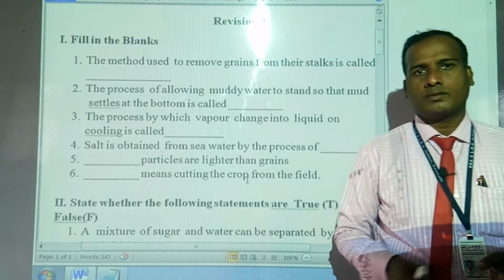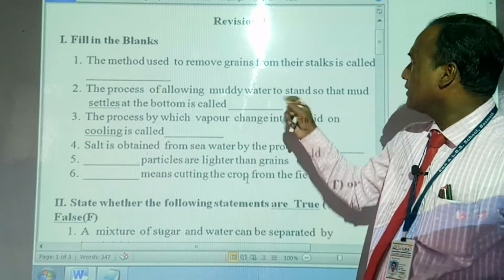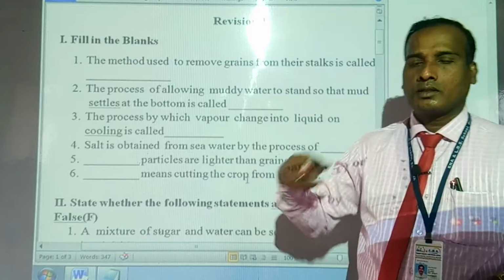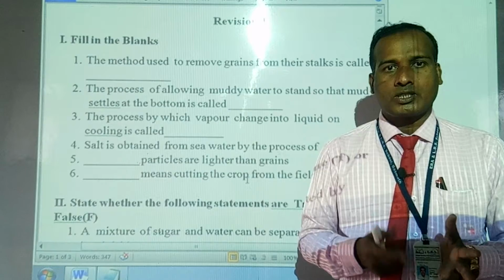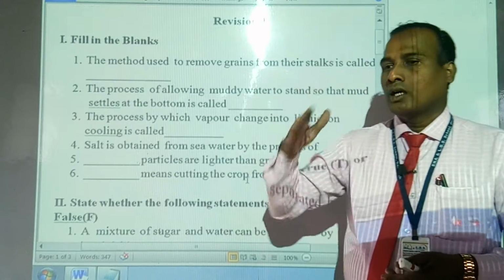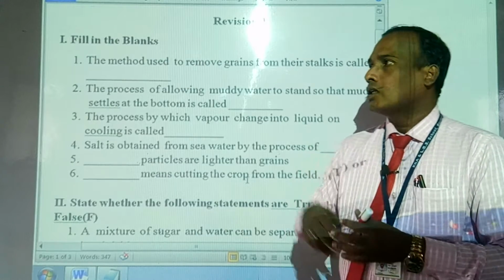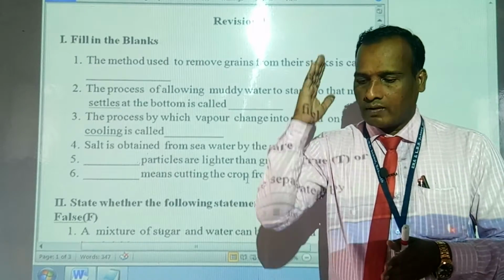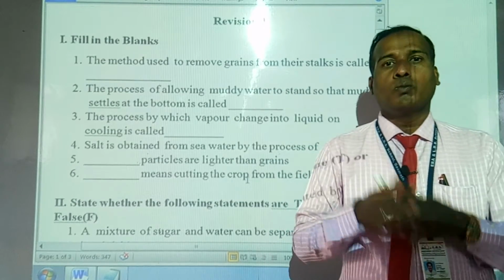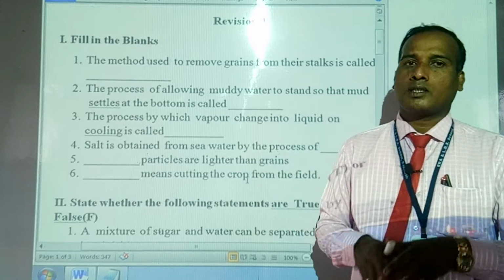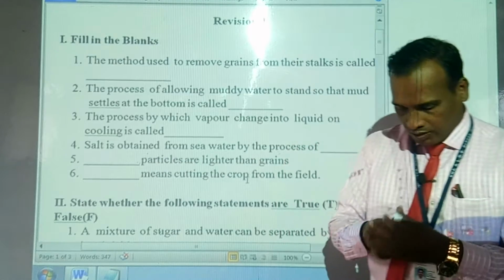You know, how do we remove the grains from their stalks? They are attached to the stalks, so how do we detach them? One of the processes is threshing. Some people hammer or hit the crops on the ground, or bullocks and buffaloes step on them, and they remove the grains from their stalks. So this is the first answer.